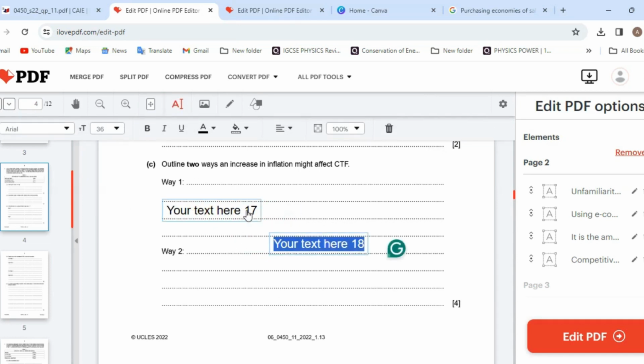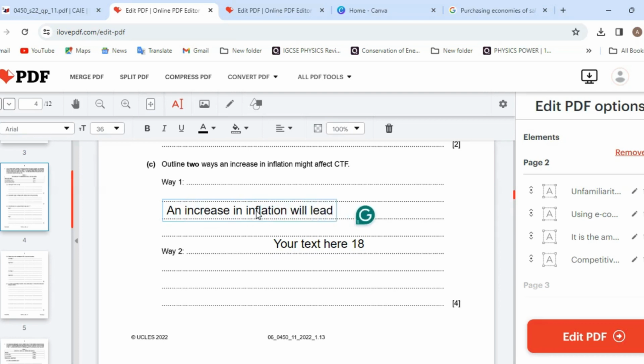Okay, let's write the first way first. An increase in inflation will lead to an increase in the raw materials for manufacturing beds.